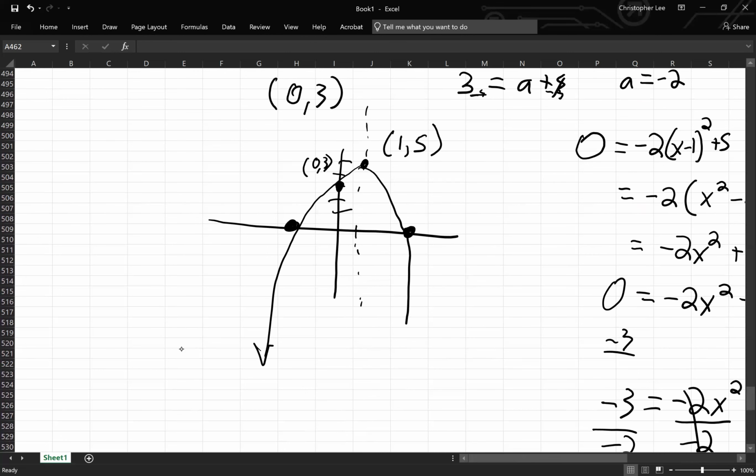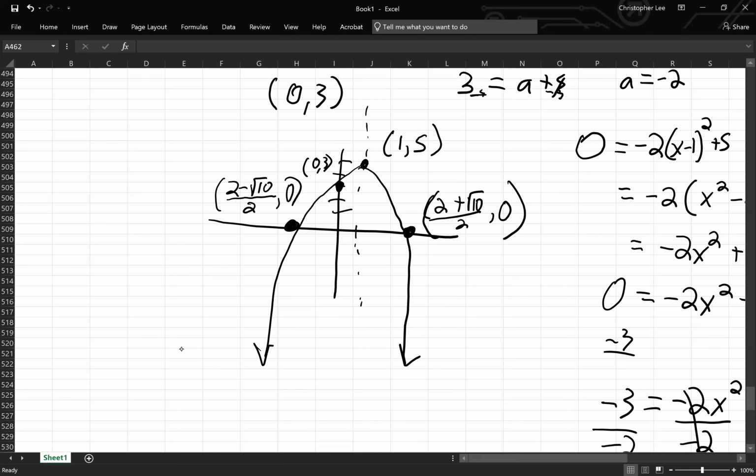It's labeled. Label the graph, right? So what was this one? This is going to be ((2 plus square root 10)/2, 0). And this one over here will be what? ((2 minus square root 10)/2, 0). Bam, there goes the graph.